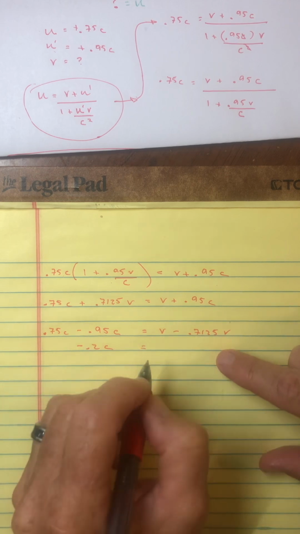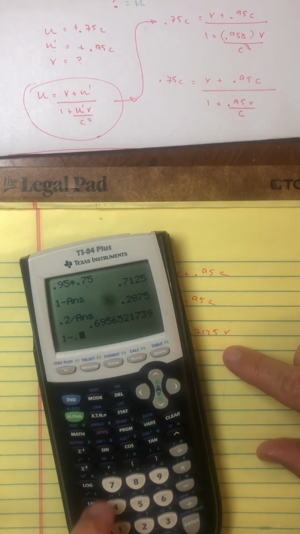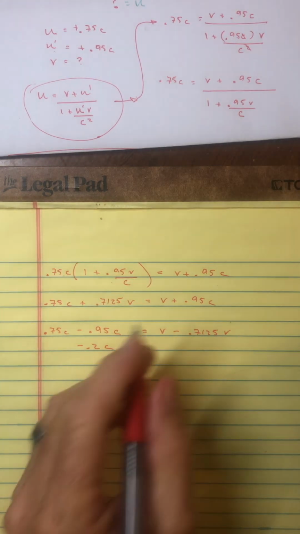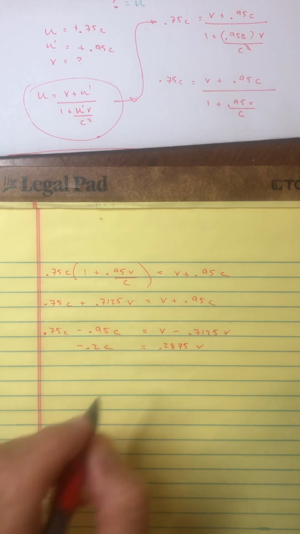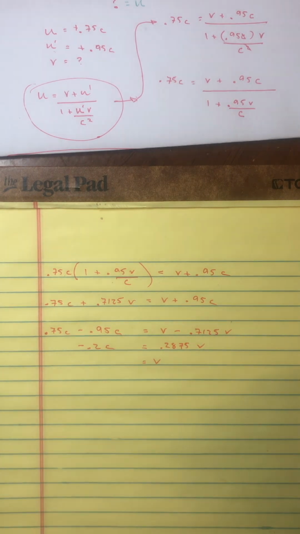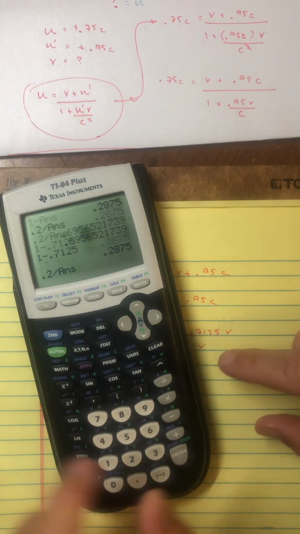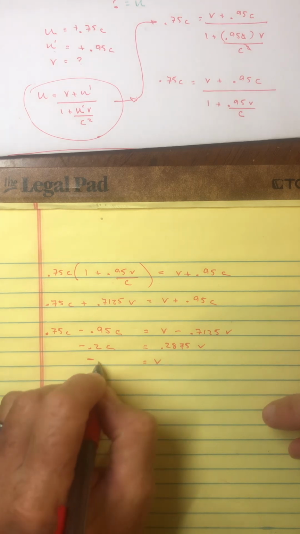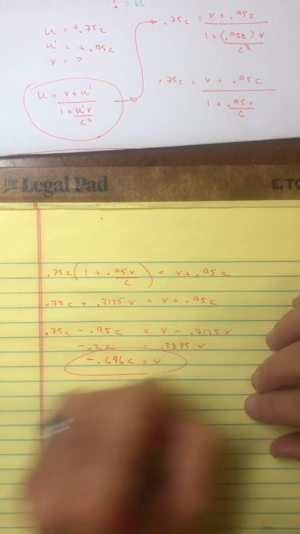And this becomes the 1 minus 0.7125. And that's the 0.2875v. And then finally, we can bring this to the other side and go 0.2 divided by that answer. And with the negative in front, we get 0.695, or rounded 0.695c, which is the same as we got here.